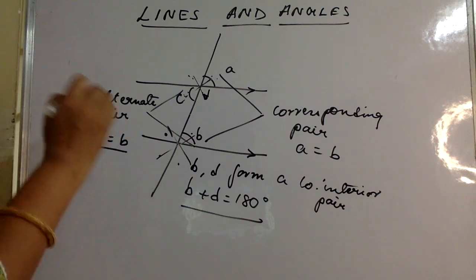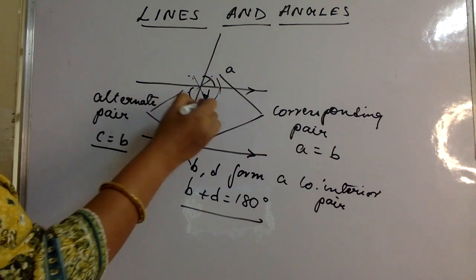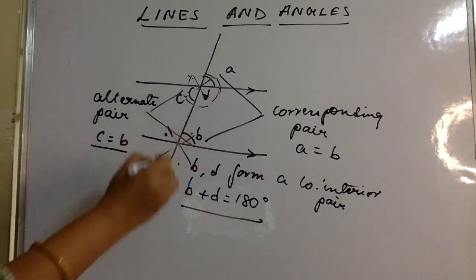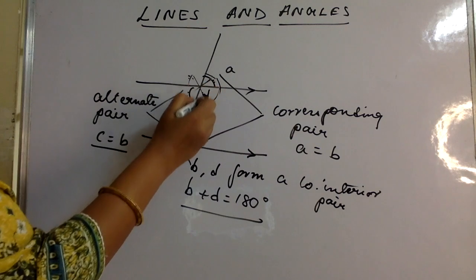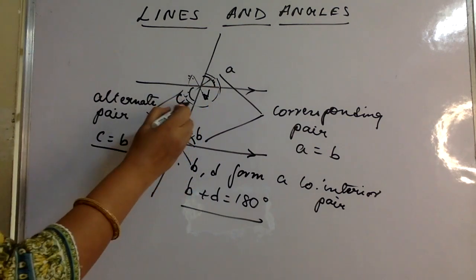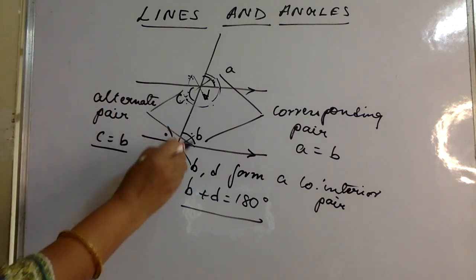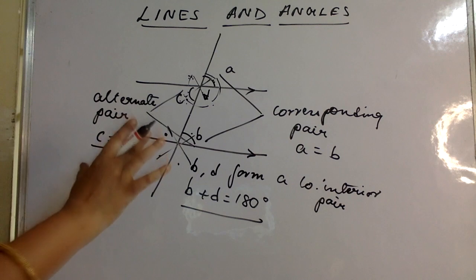Apart from that, we also have linear pairs. There are 4 sets of linear pairs in each of these intersections, so 8 pairs of linear pairs. That is, this plus this is 180, this plus this is 180. This one plus this one is 180, this one plus this one is also 180. Similarly, we have 4 pairs over here. So a total of 8 pairs of linear pairs.